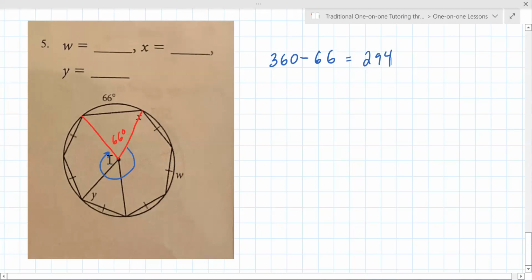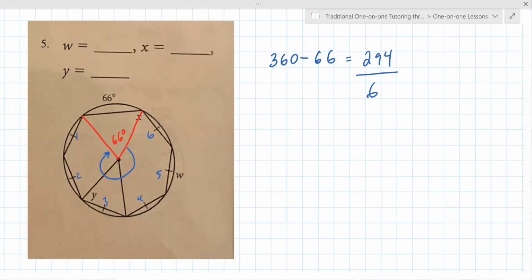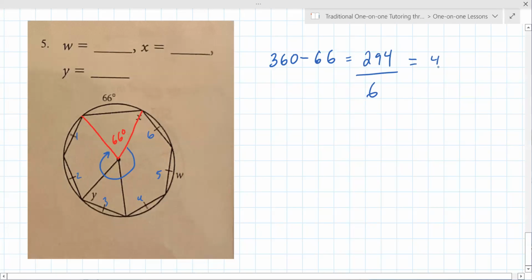So the 294 is broken into 1, 2, 3, 4, 5, 6 equal pieces. So I believe, yeah, this does work. So this ends up being 49 degrees.